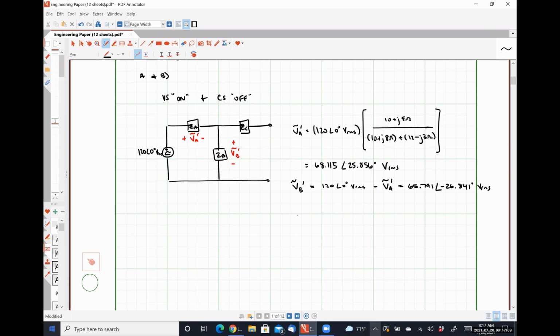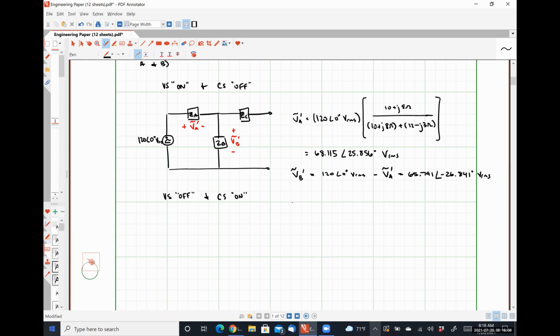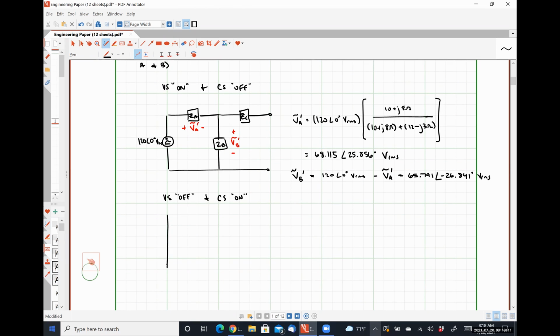With my voltage source off and my current source on, what I have is a short circuit here, ZA, ZB, ZC. This current source is 5 angle 45 degrees amps RMS.